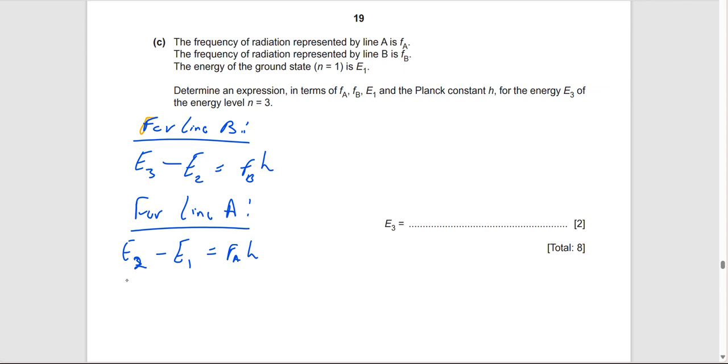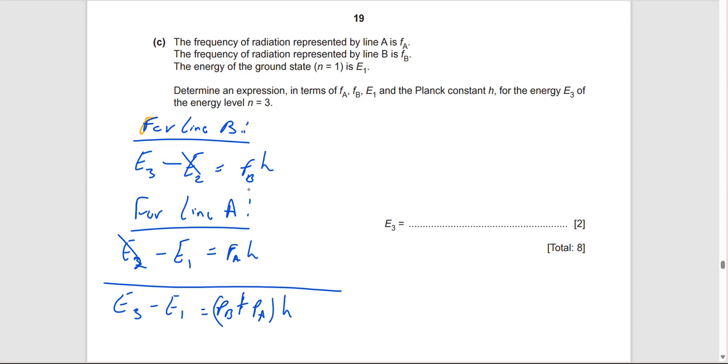Then when you add those two equations, we're going to end up cancelling these two out. Then we have E3 minus E1 is equal to FB plus FAH. I just added these two, then factored out the H. Therefore, your E3 will be equal to that.